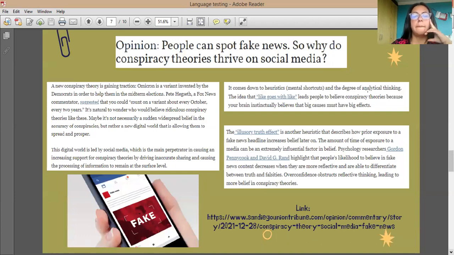So this is a text from a newspaper. I'm sorry, I forgot the word. A digital newspaper. And it is about fake news. So I put a link here, but I only took some paragraphs that explain this.